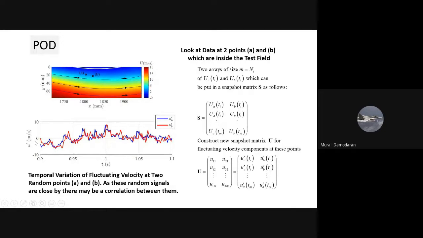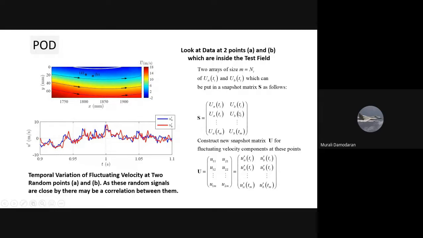What is the velocity of this fluctuation u? The blue is at A and the red is at B. So the first column contains that information, and the second column will contain the information of the point B. That is the fluctuation velocity component.